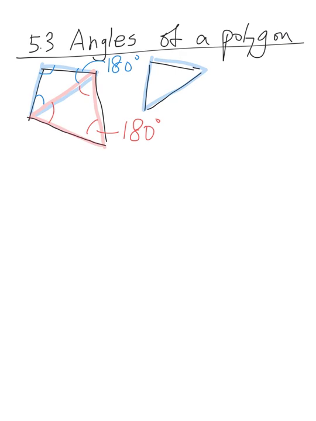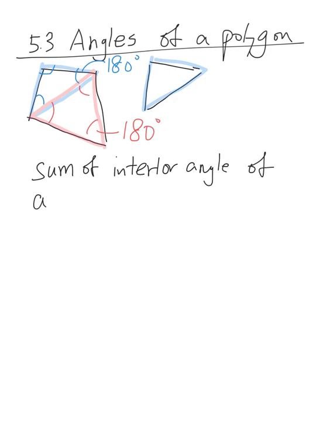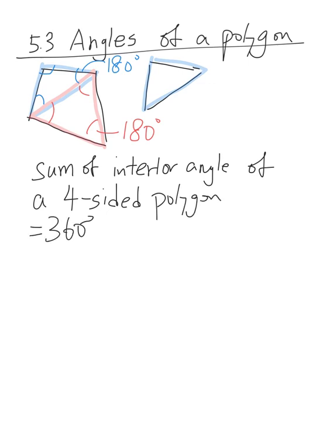Okay, so because of that, for a quadrilateral, the sum of the interior angles of a four-side polygon is equal to 360 degrees. Okay, adding up the two 180 degrees.